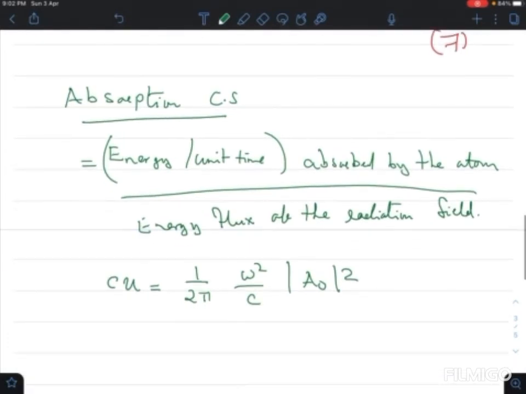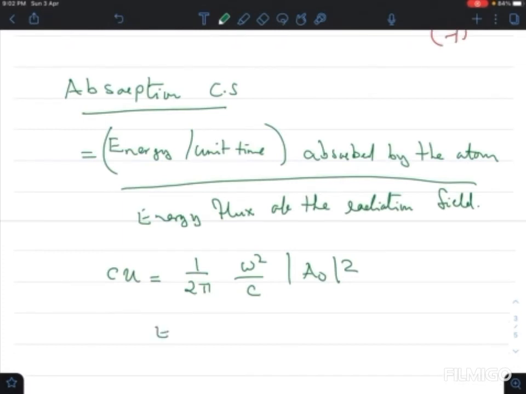And energy density or energy per unit volume is equal to −1/c ∂A/∂t.